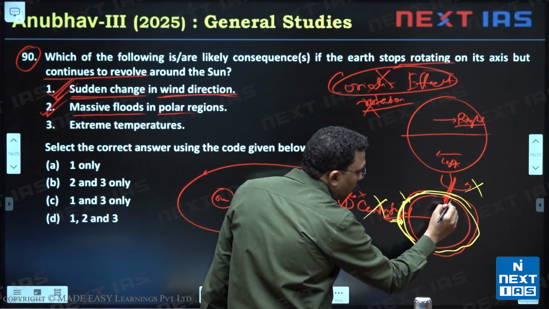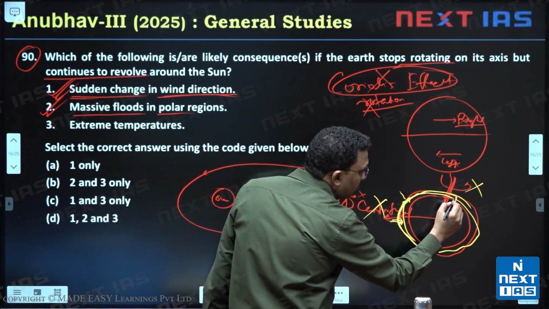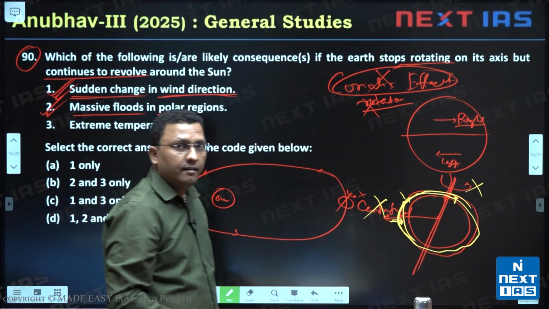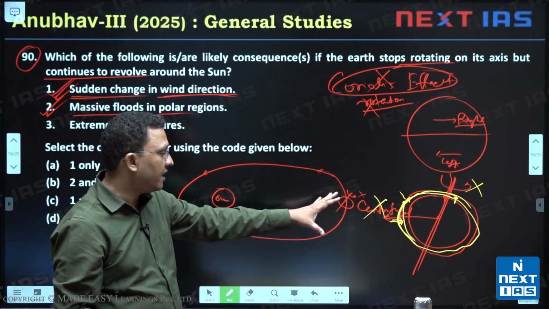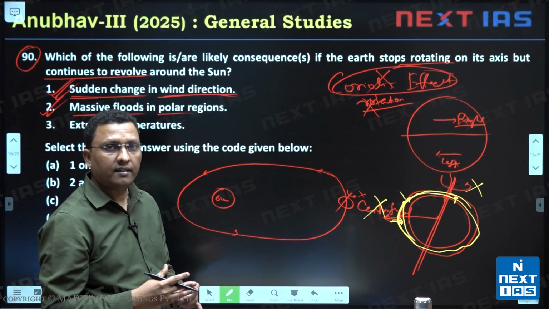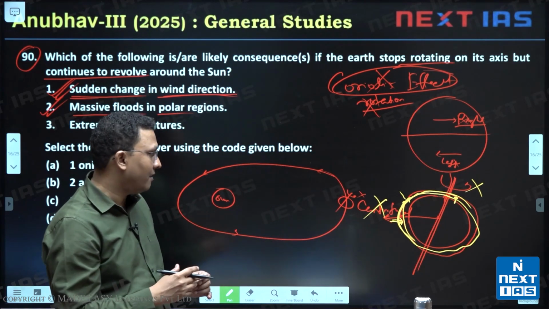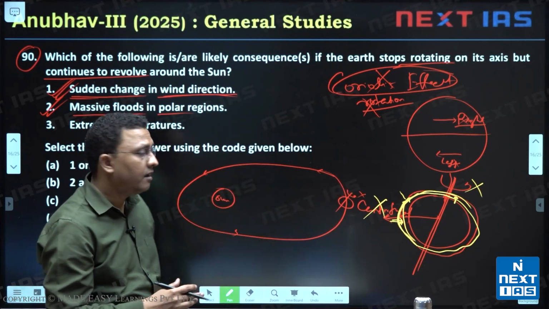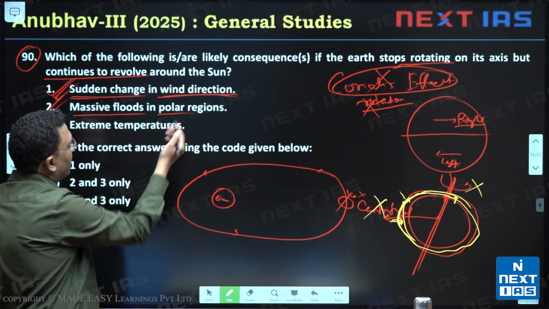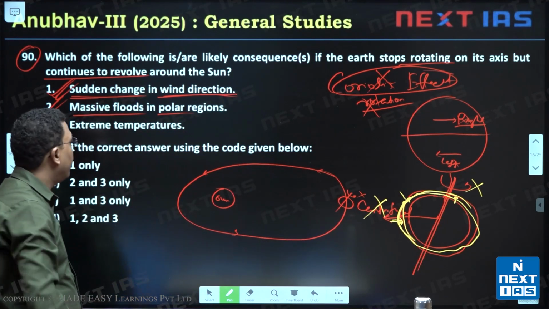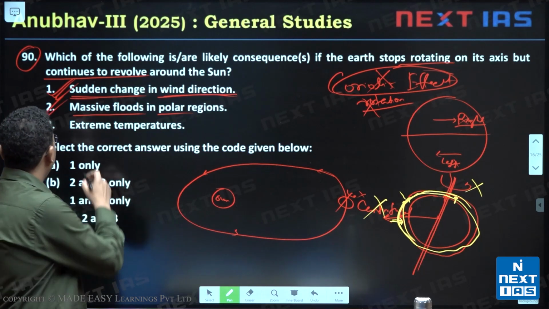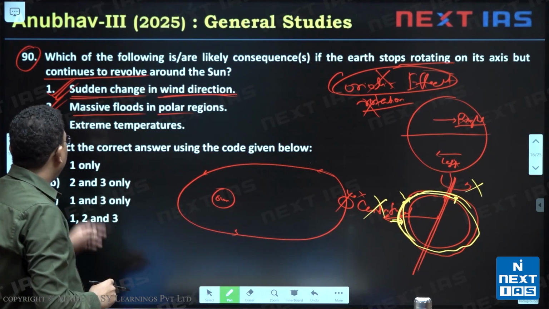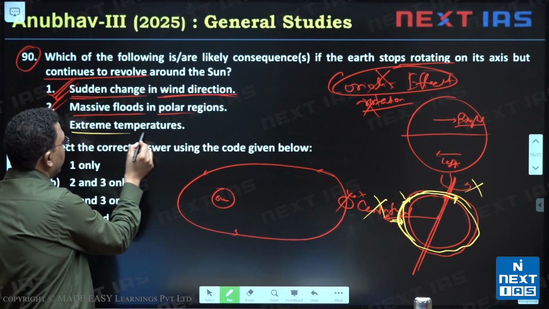So at the pole, what will happen? The water will rise in height, right? So polar regions will actually get the excess water that is contained near the equator right now. So that excess water will result in massive floods in polar regions, right? This is what it is saying. So this is correct. Now the third one is saying extreme temperature.